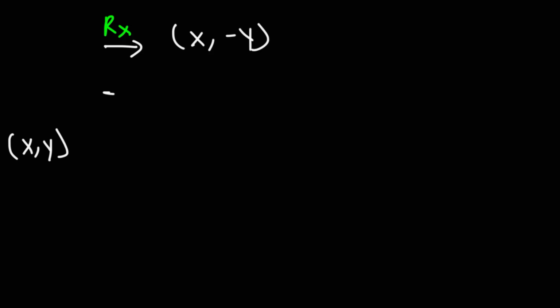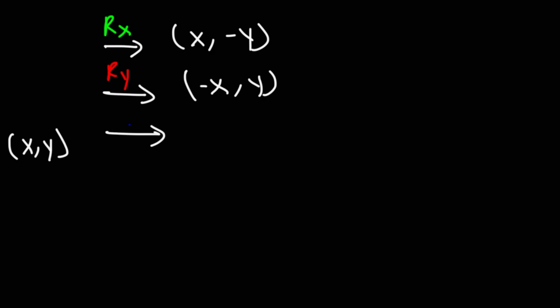Now let's put everything together. So starting with our original point, x, y, for the sake of review, if we reflect it across the x-axis, we're going to get the point x, -y. If we reflect it across the y-axis, we're going to get the point -x, y.